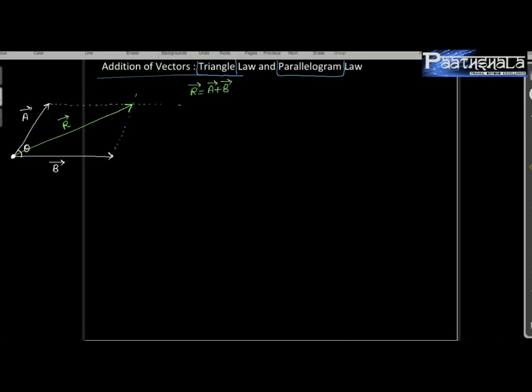To find the magnitude of R, we have to further construct a perpendicular on the line OB from the point R. Let the foot of the perpendicular be labeled M. Clearly, since RB is equal in magnitude to A, I can write the length of RB as A. Now, it is very apparent that the angle theta, which is essentially the angle AOB, is also the same as angle RBM because corresponding angles of parallel lines are congruent.